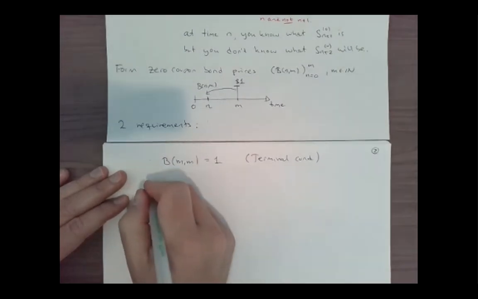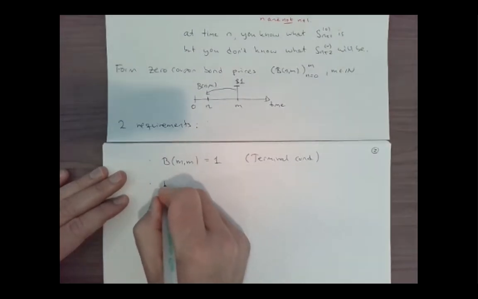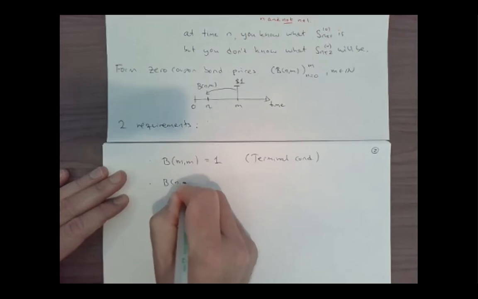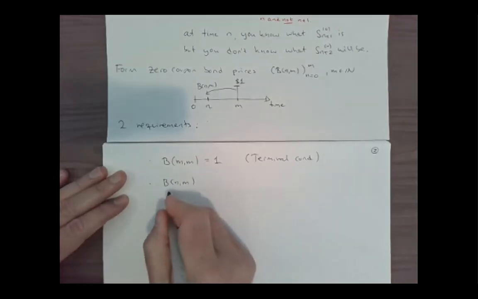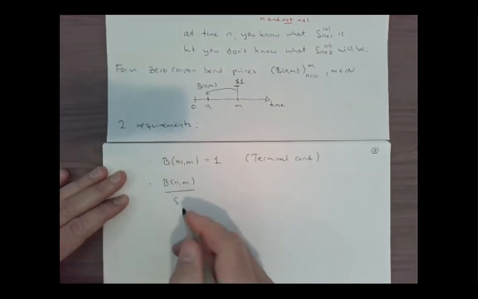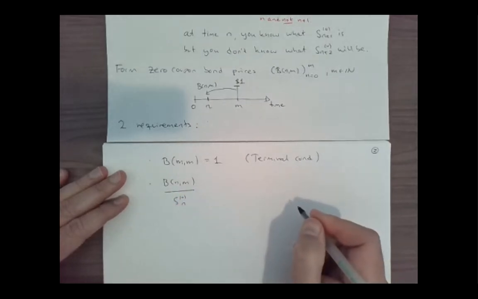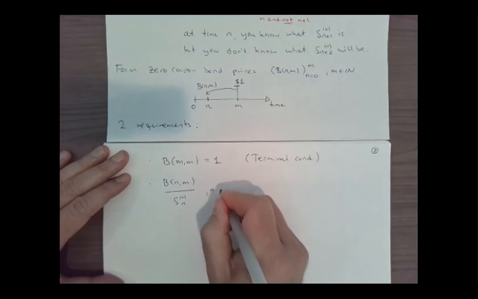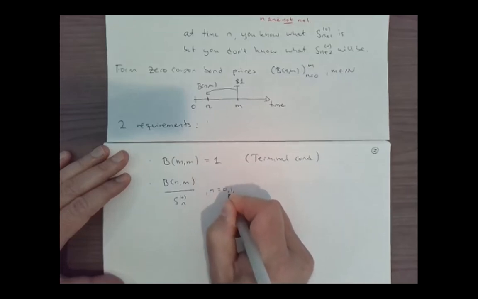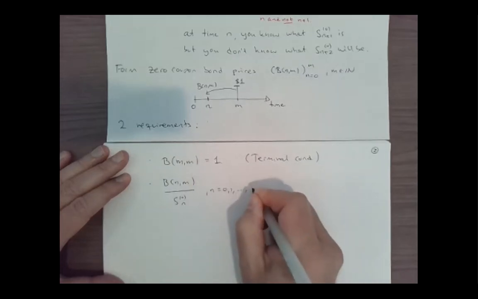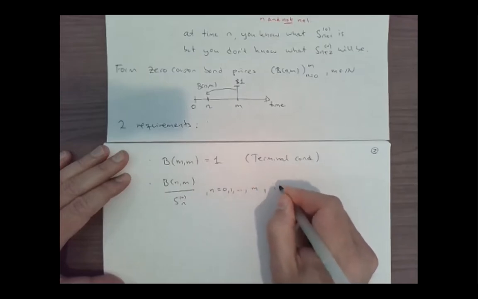And the other one that I want is that B(n,m) should be arbitrage free. So I need the property that when I divide by the money market account, this here, running from 0, 1, all the way up to m, is a martingale.